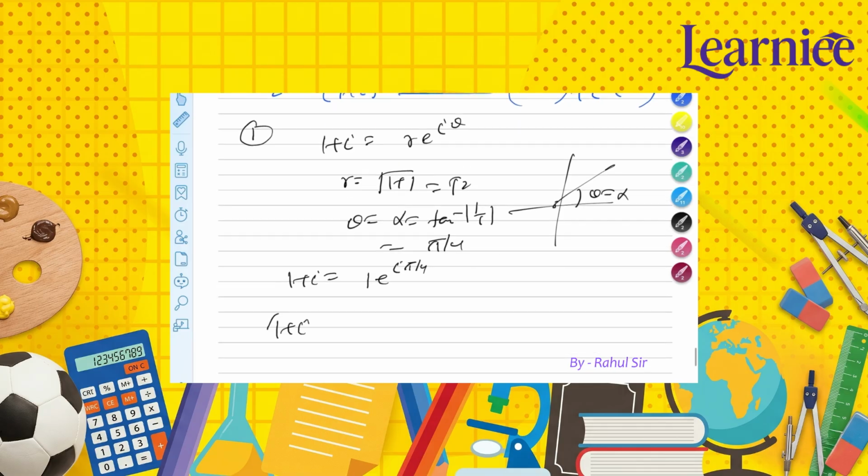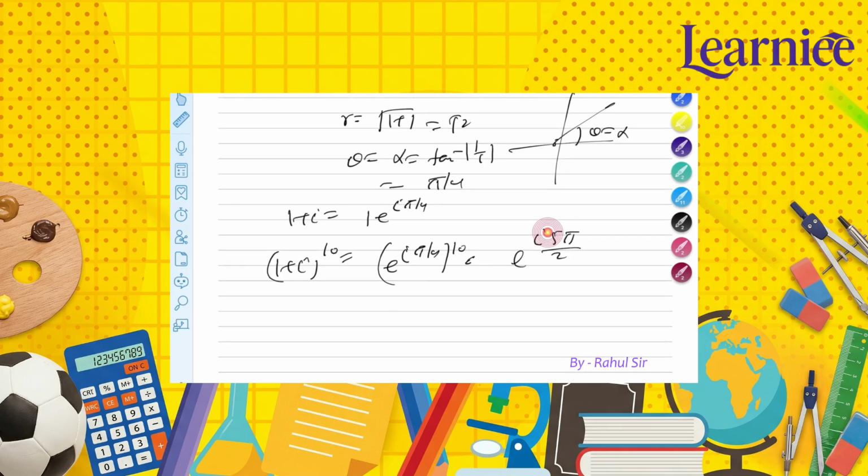So what is the value of (1 plus i) to the power 10? That is root 2 to the power 10, e to the power i pi by 4 to the power 10, which is 32 e to the power i 5 pi by 2. Okay, so (1 plus i) to the power 10 is converted to Euler form like this. Now, obviously it's Euler form, r is 32 and the argument is 5 pi by 2.